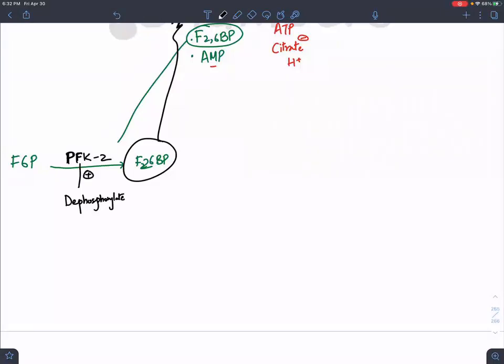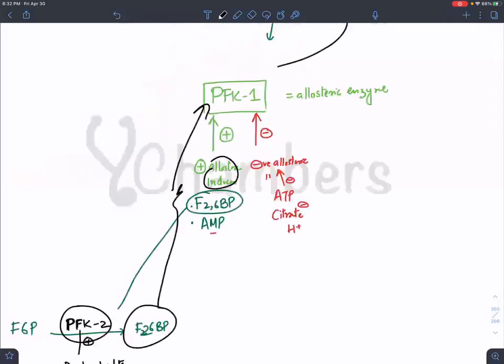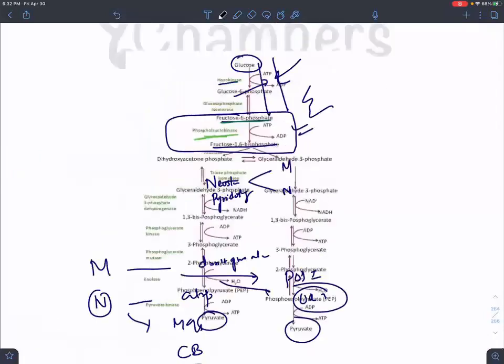If I don't have phosphofructokinase 2, I will not have fructose 2,6-bisphosphate. If I don't have fructose 2,6-bisphosphate, I will not be inducing PFK1. If I'm not inducing PFK1, I will have no conversion of fructose 6-phosphate to fructose 1,6-bisphosphate. I hope you are understanding what I mean. Fine.